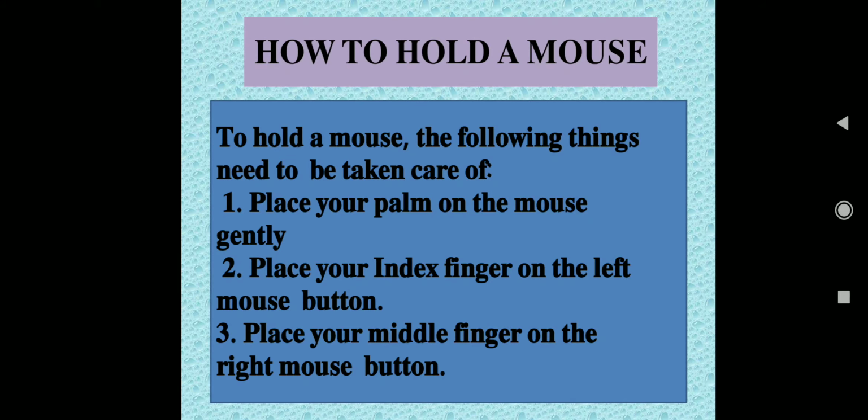Now we learn about how to hold a mouse. To hold a mouse, the following things need to be taken care of. First, place your palm on the mouse gently. Second, place your index finger on the left mouse button. Third, place your middle finger on the right mouse button. Look at the picture. This is the correct way to hold the mouse.